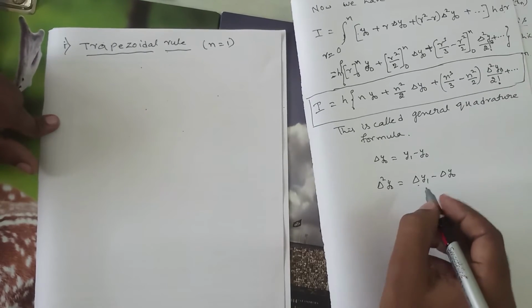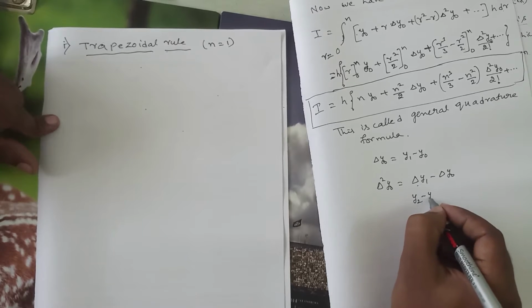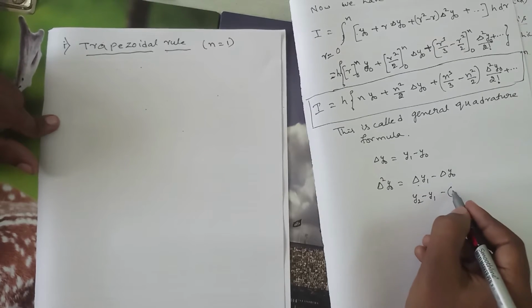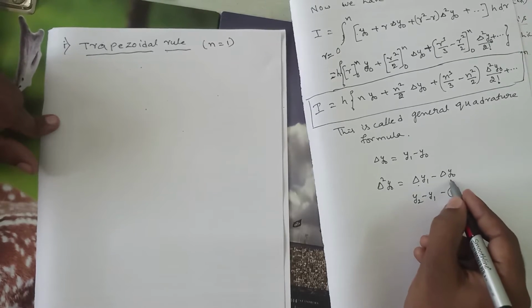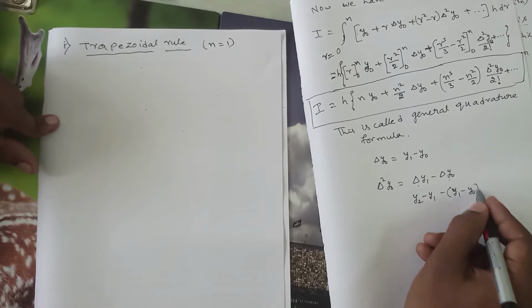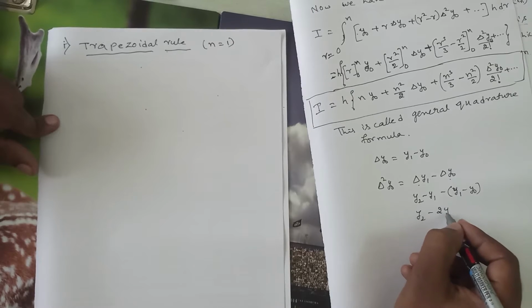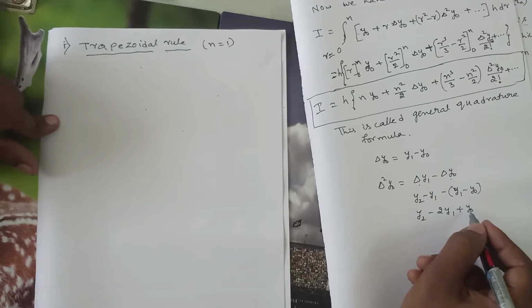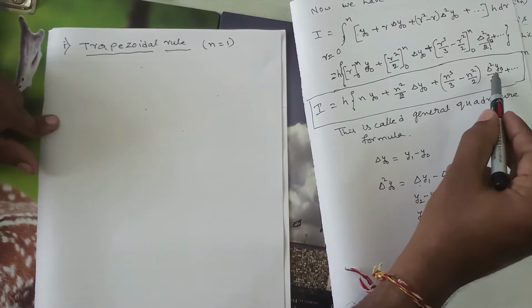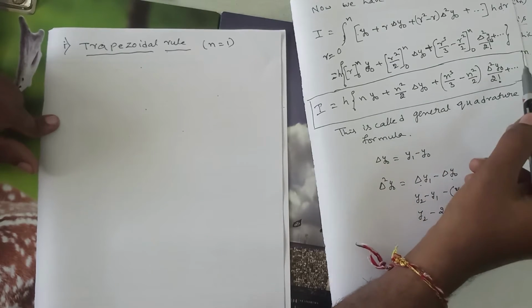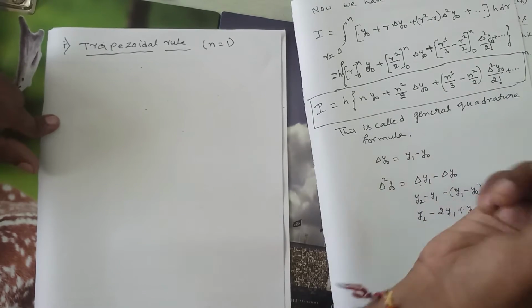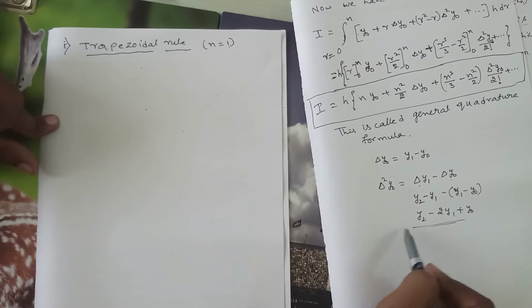So delta y1 means y2 minus y1, minus delta y naught, which means y1 minus y naught. So you get y2 minus 2 times y1 plus y naught. If you substitute all those things for delta cube y naught also, you will get some expansion like this.